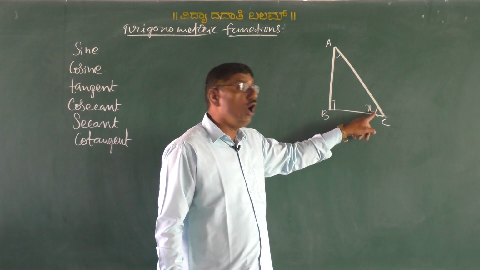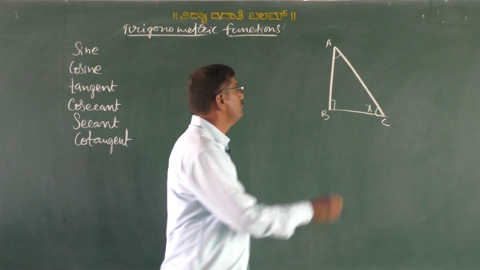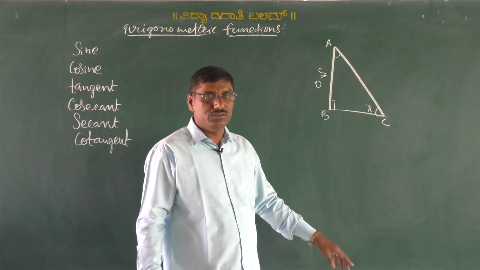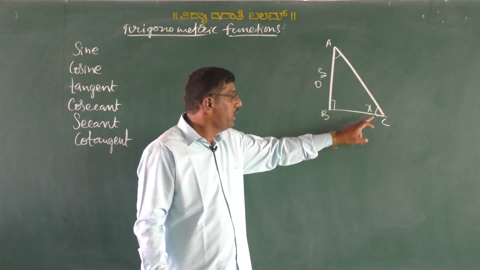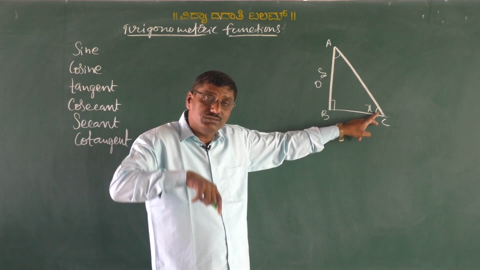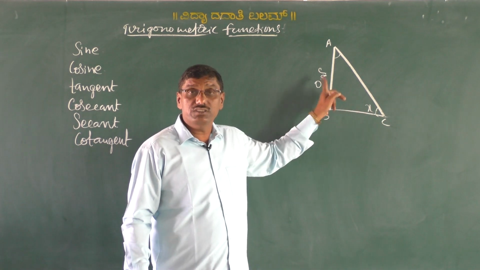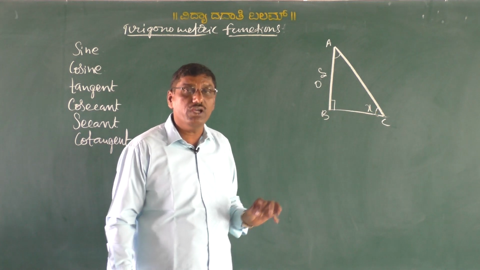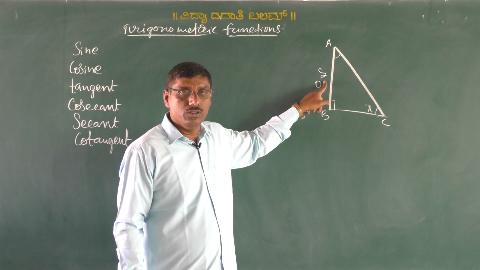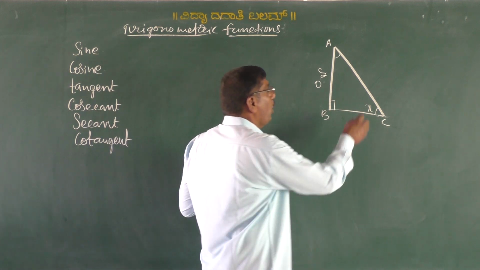The side which is opposite to an acute angle, that means the acute angle we are considering here, what we call the opposite side. Now, the side which is opposite to the right angle, what we call the hypotenuse side.